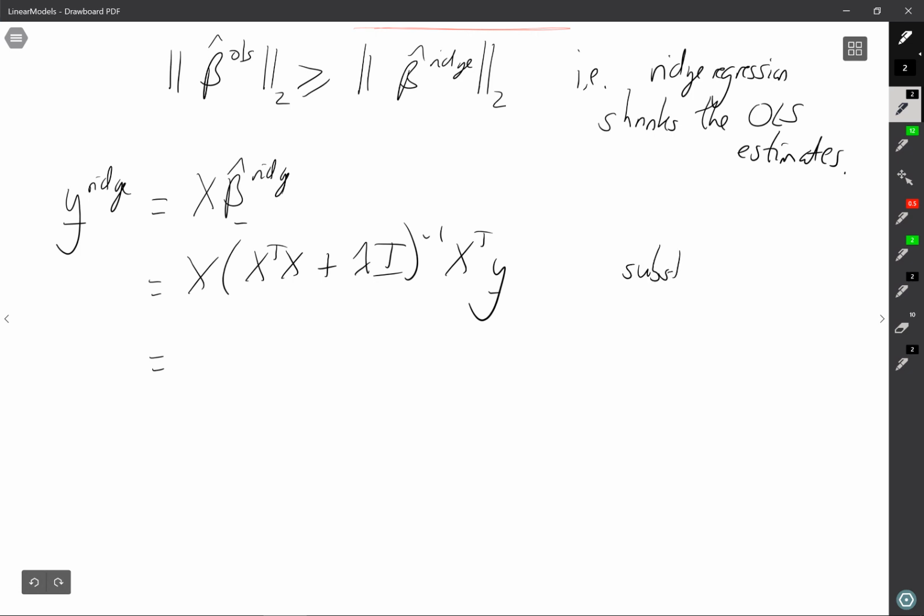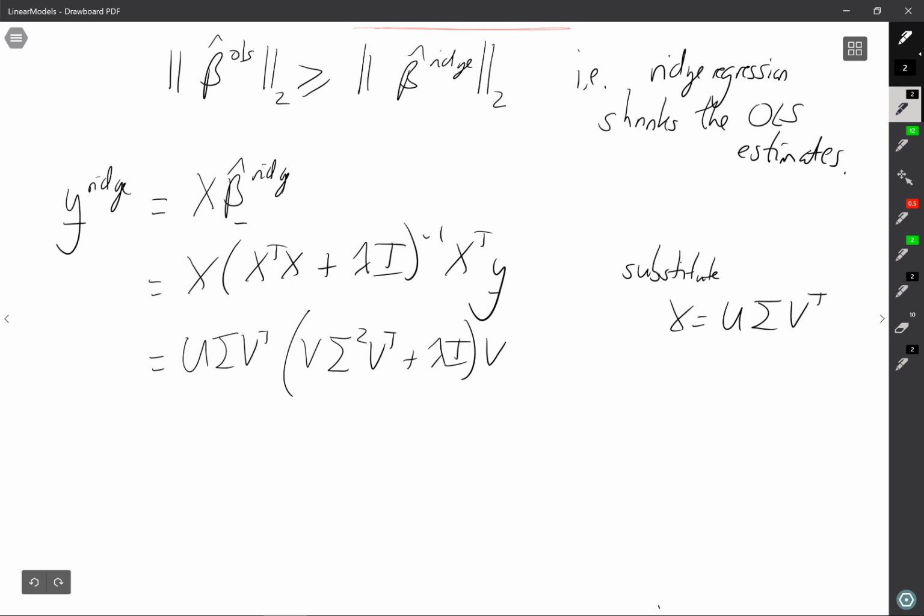So we're going to substitute X equals U sigma V transposed. So this is going to give us U sigma V transposed, (V sigma squared V transposed plus lambda I) inverse V sigma U transposed y.